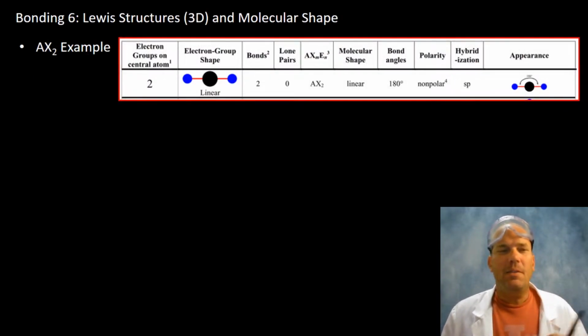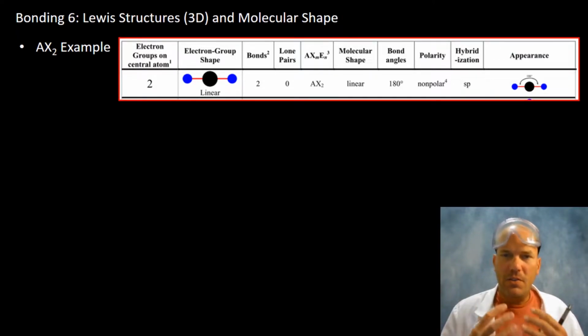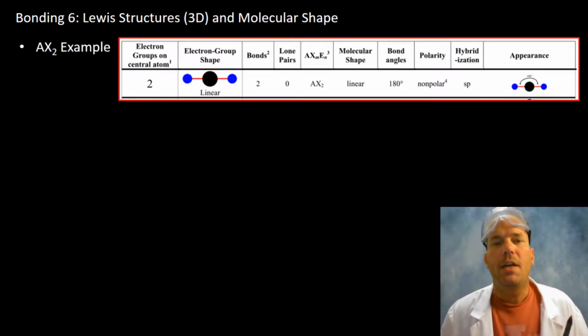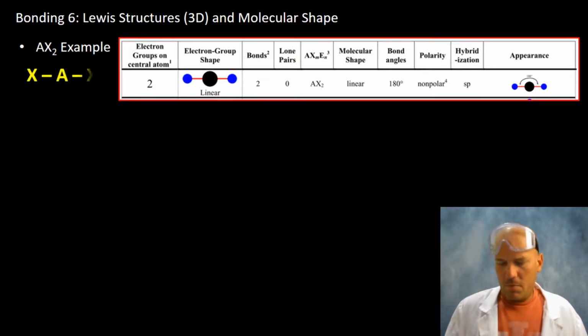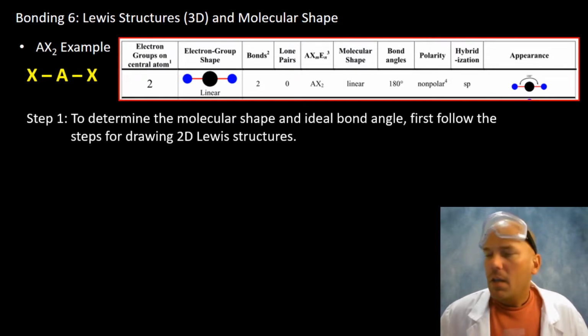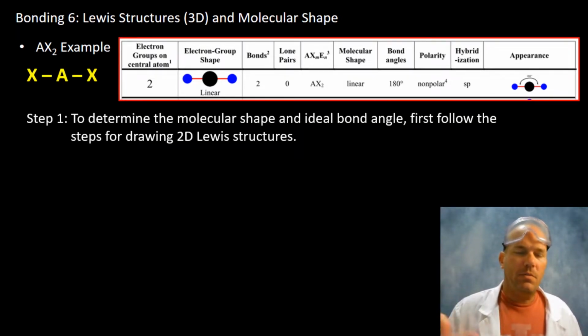Let's start with the simplest configuration, AX2. Recall, A would be your central species, X would be your bonded pairs. So this will be really the simplest that we can have. I want you to copy down several steps here.